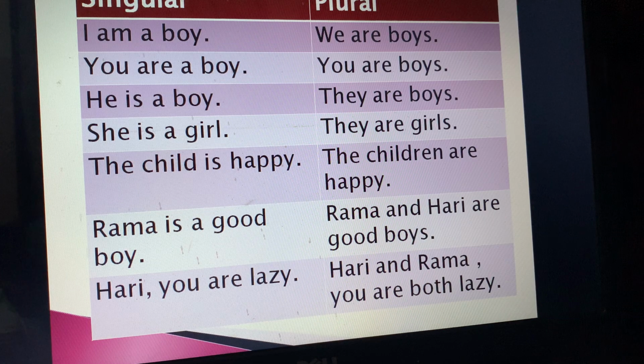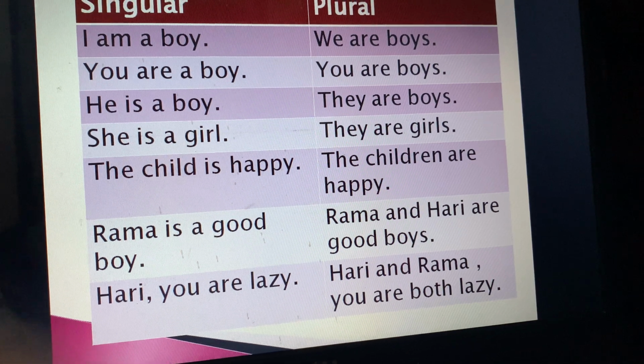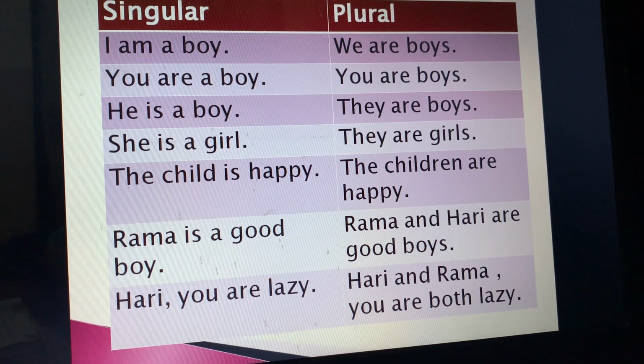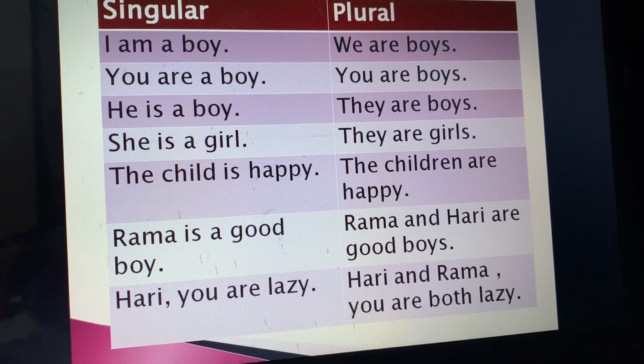Now look over here. This is the use with is, am, are. This is in your book also. It is given on page number 76. Singular and plural. You all know helping verbs, as I have already told you. So let us start.